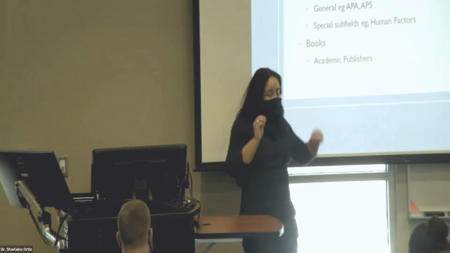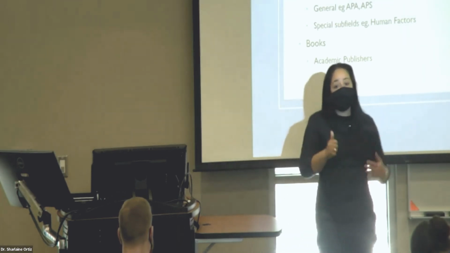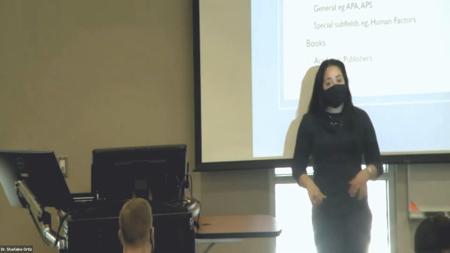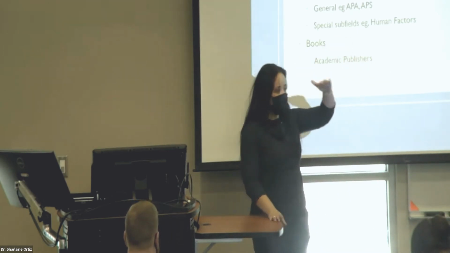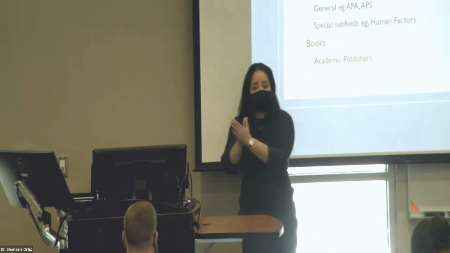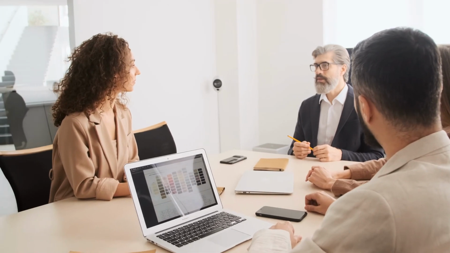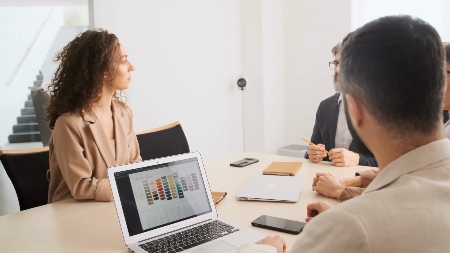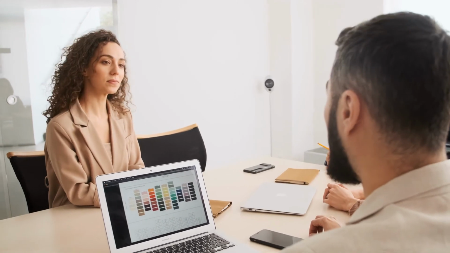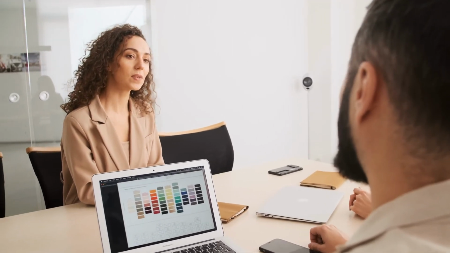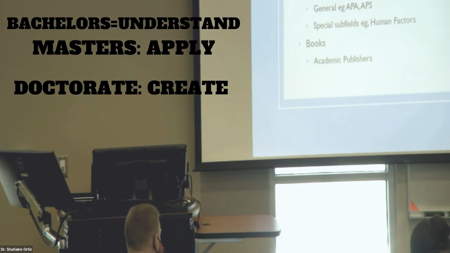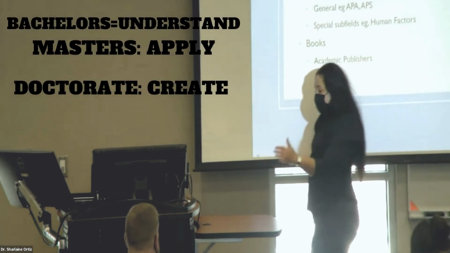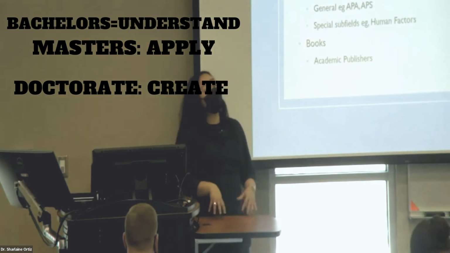there is a common element to them, and that is the different parts of a research, which we cover in class, right? So the abstract, introduction, you will find that in every single article. And why is that? Because you, as a scholar, with your bachelor's, should be able to understand research. With your master's, you should be able to apply research.